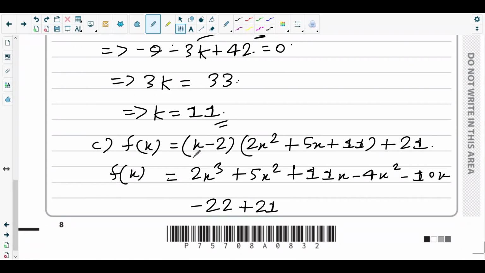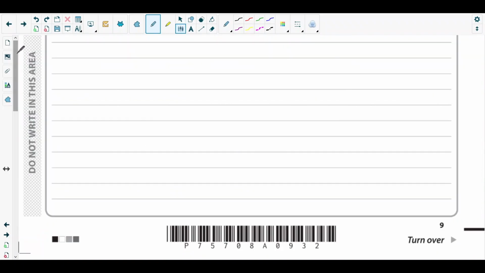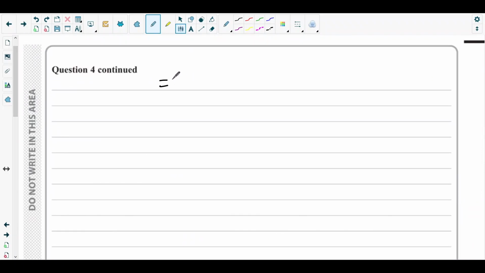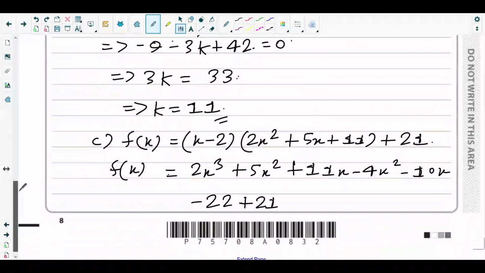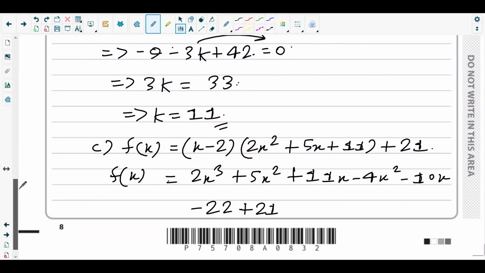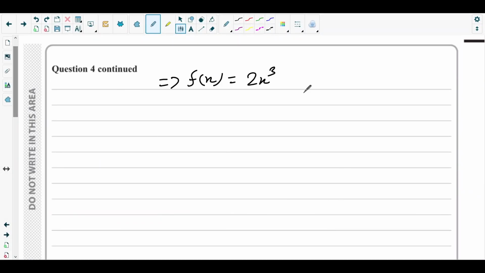So we will get f of x. f of x is 2x cubed, it is alone. Then the terms with x squared: 5x squared minus 4x squared is just x squared.